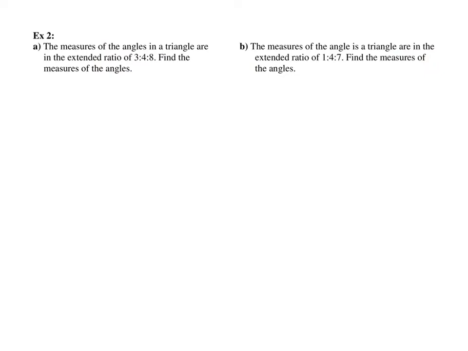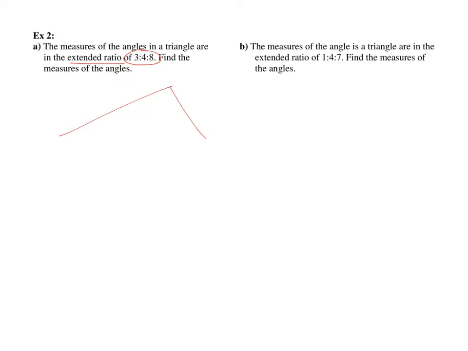All right, for example 2, the measures of the angles in a triangle are in the extended ratio 3 to 4 to 8. Find the measures of the angles. Well, we can't write this extended ratio as a simple fraction, but this is how we're going to express it.